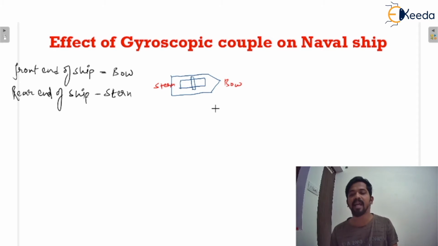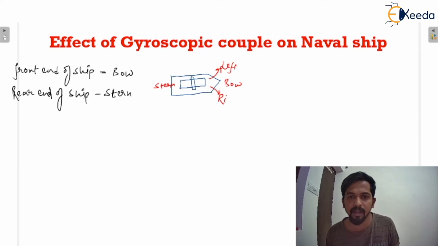Now, what is the left and right side? This is the left side of the ship, and this is the right side, and this is the engine.